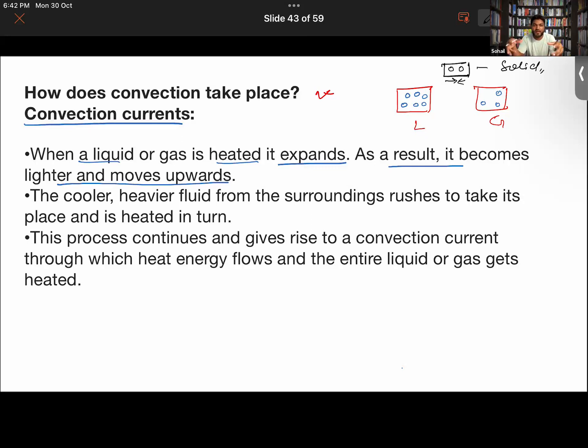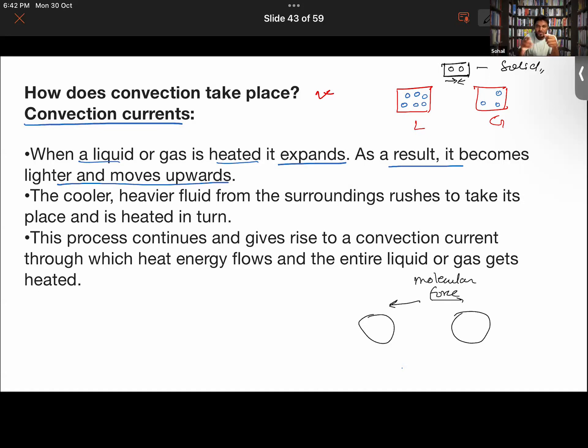There's a force acting between two molecules, molecule 1 and molecule 2. They are pulling each other. So every molecule present in a solid is pulling each other. They are held to each other due to a force between them. That force is called molecular force.